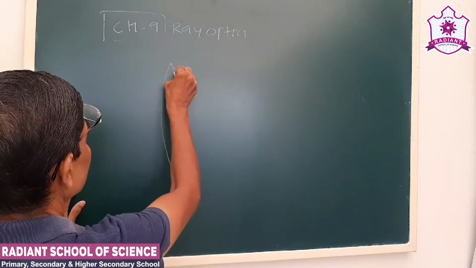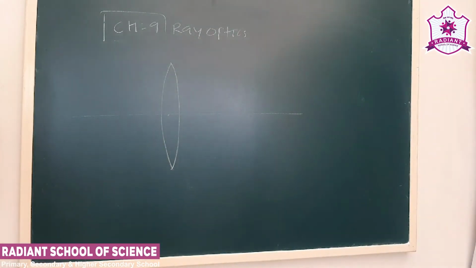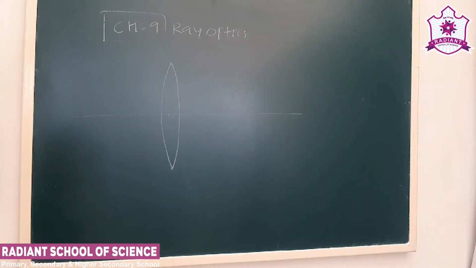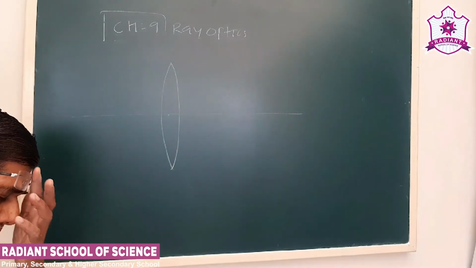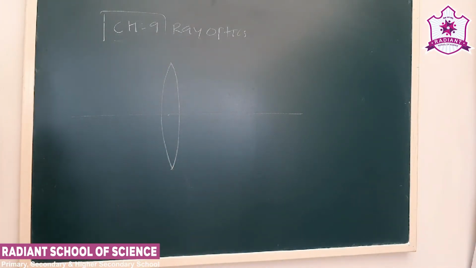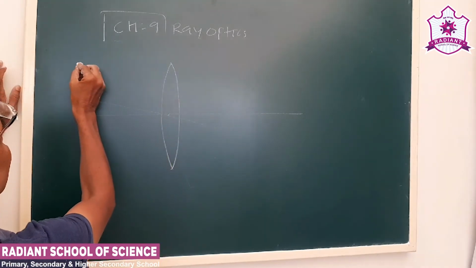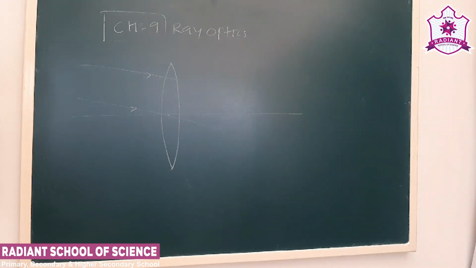Now see, this is our first lens, the objective. Now we know that rays coming from a very large distance, paraxial rays, are parallel to the principal axis and meet at F. So here also, for our convenience, though they are not perfectly parallel to the lens, we assume that after refraction they meet at F on the objective.